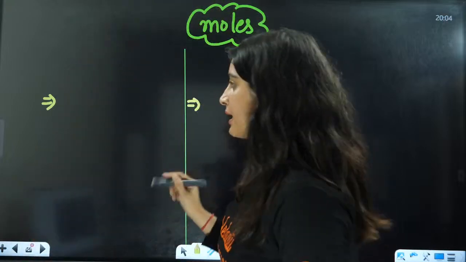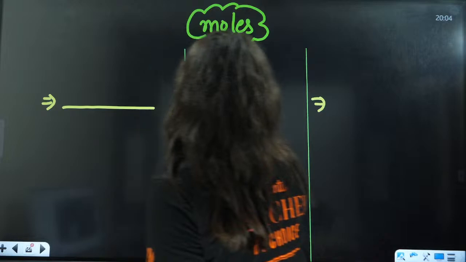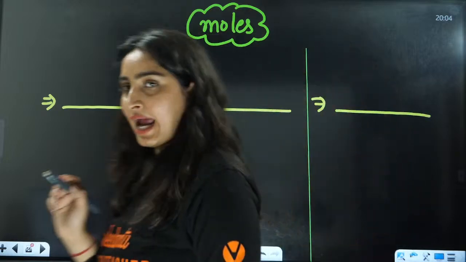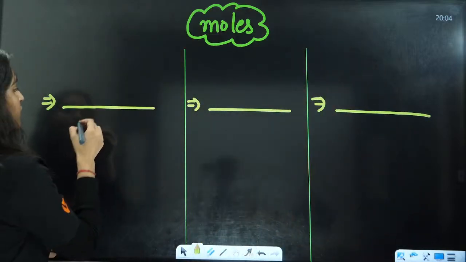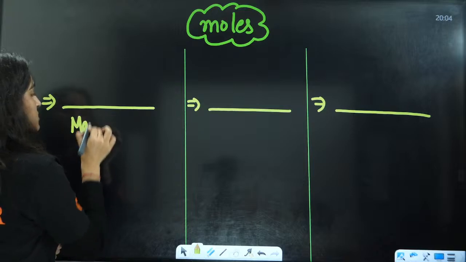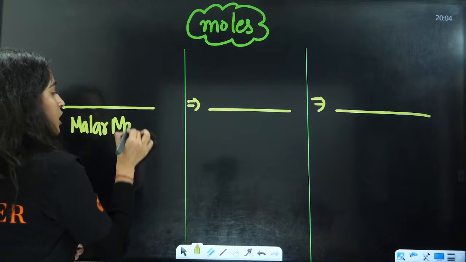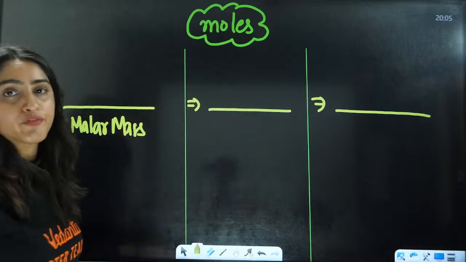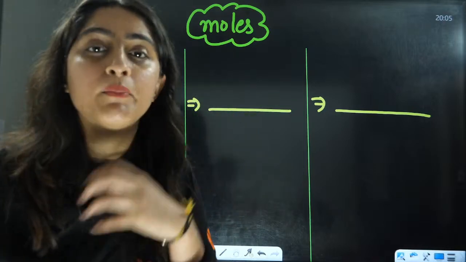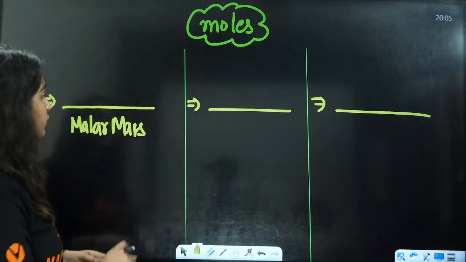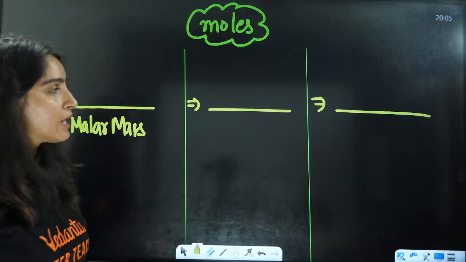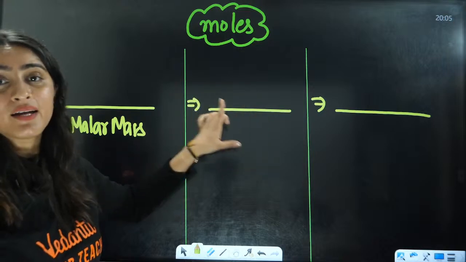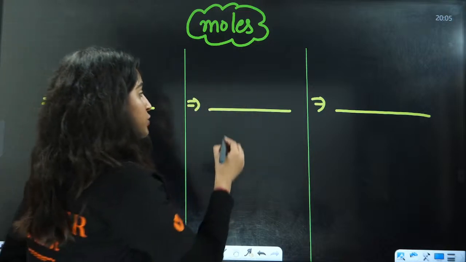Here we write molar mass, the mass of 1 mole. If we are converting moles to mass, we write the mass of 1 mole. Here we write particles of 1 mole, that is Avogadro's number.